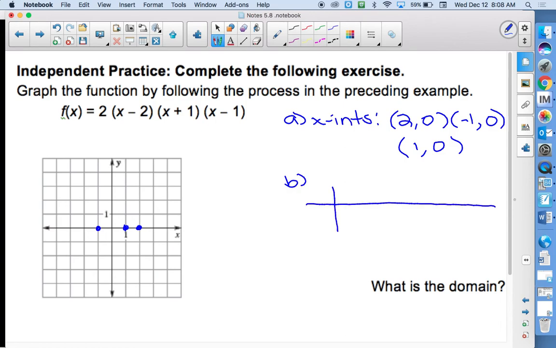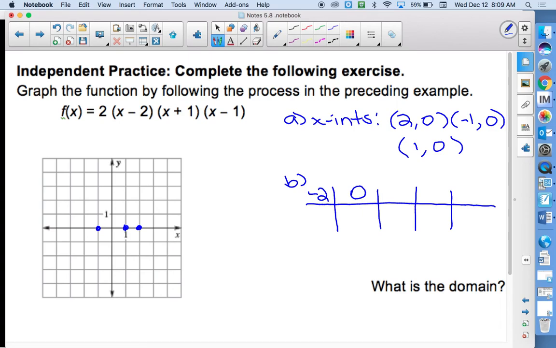The second step, we're to get some points that are in between and beyond our x-intercepts. So the one on the left is negative 1. That means beyond it would be negative 2. If you want to go even more beyond that, you could go to negative 3. We have in between negative 1 and positive 1, so 0 would be a good number to pick in between there.